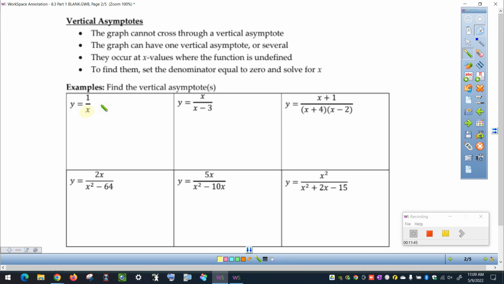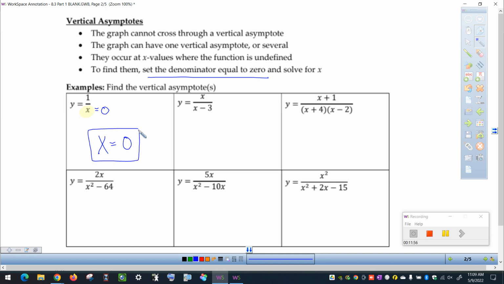We're just focusing on the denominator part here. Now notice if we go ahead and set that equal to 0, we don't actually have any extra steps that we need to do to solve for x. It's just already done for us. X equals 0. Sure enough, we saw that was the equation for our vertical asymptote on the first page.